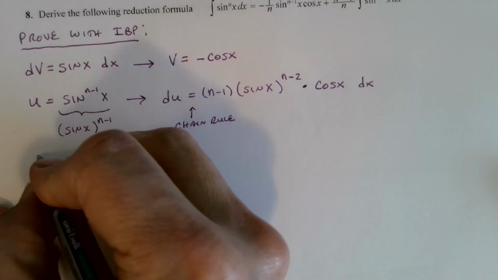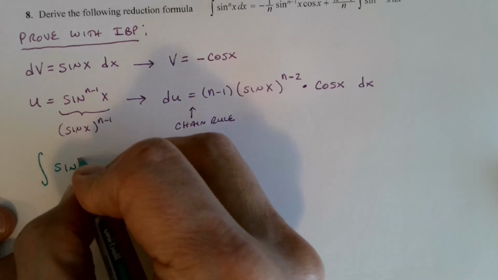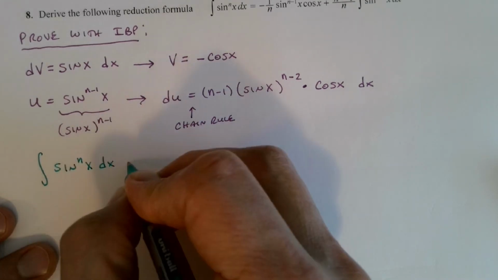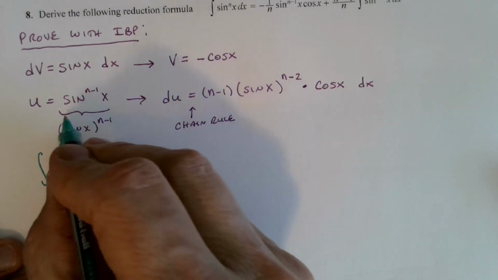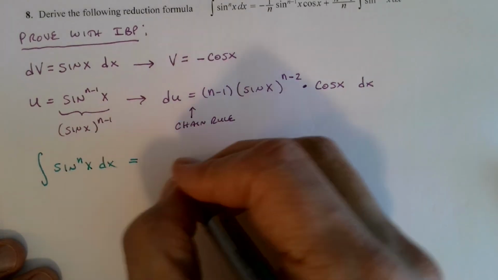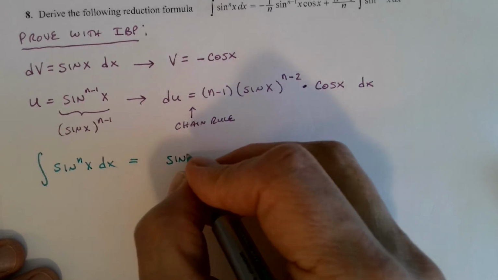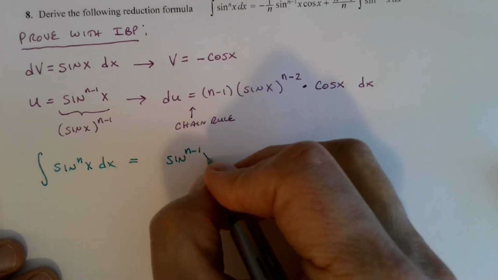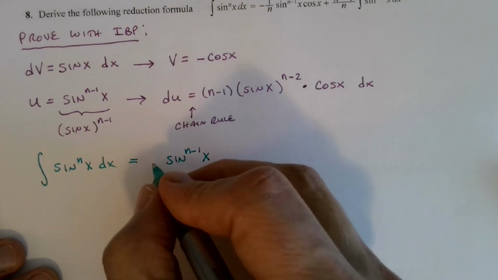So what do we get from this then? We can see the integral of sine to the n of x dx, which is the integral of u dv, is uv, so u is this, and v is negative cosine of x. So I'll put the negative sign out here.